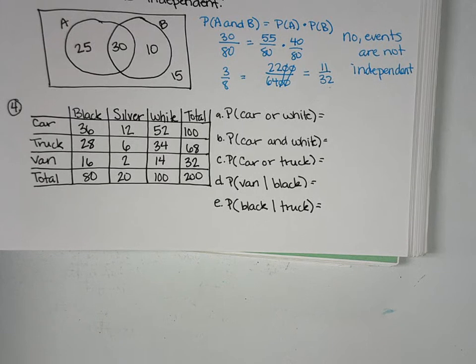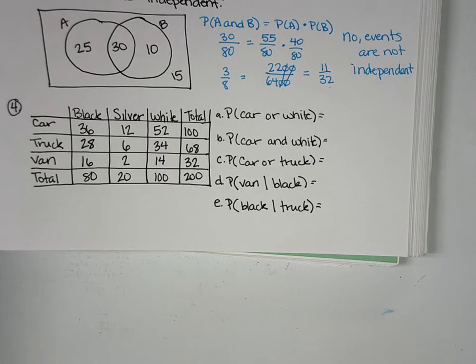How many cars are there? How many vans are there? How many white vans are there? 14. Okay. How many silver trucks are there? How many black vehicles are there? 80.